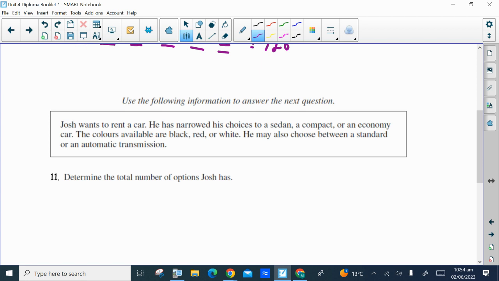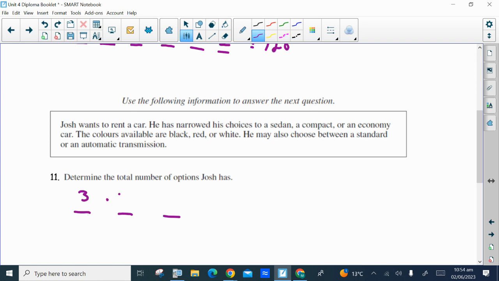Josh wants to rent a car. He has narrowed his choices to a sedan, a compact, or an economy. They come in red, black, or white, and there's 2 transmissions, standard or automatic. How many options does he have? This is just fundamental counting principle. 3 things he has to choose. The type of car, sedan, compact, or economy, so 3 choices for that.